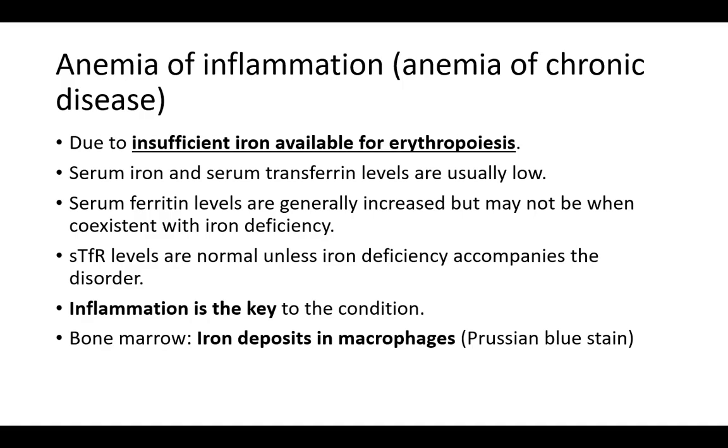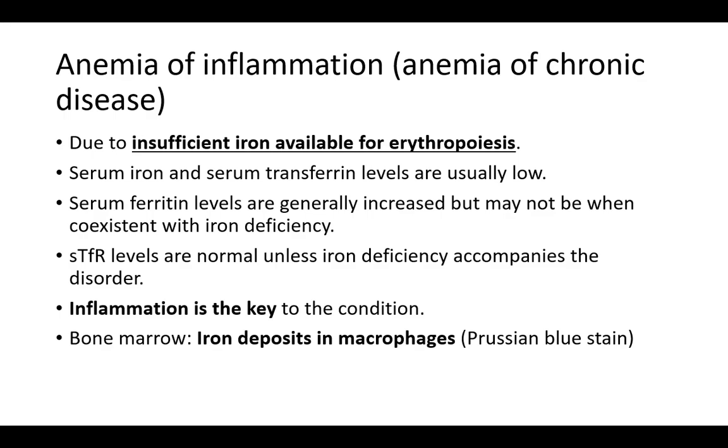The basic underlying pathophysiologic mechanism is insufficient iron availability for erythropoiesis. I will explain the mechanism in more detail, but the basic mechanism is that although there is a sufficient amount of iron in the body, that iron is not available for erythropoiesis. This is the main feature of this disorder. In anemia of inflammation, usually serum iron and transferrin levels are low.